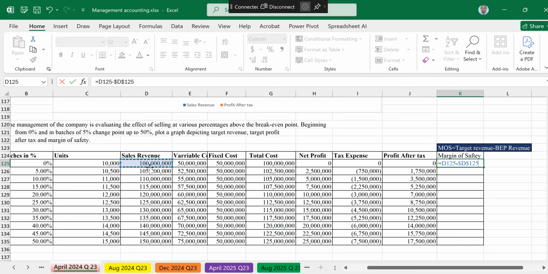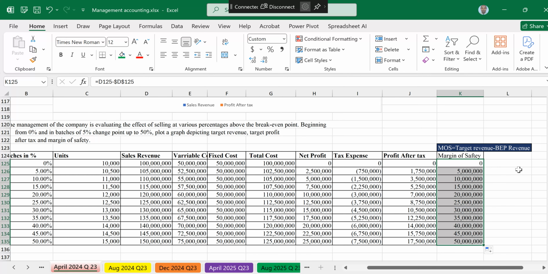So in the second one, they will take 105 minus 100. The third one, 110 minus 100 in that order. So the BEP revenue is constant. The other one will be moving. So you just lock once, then you drag down. You are going to get the margin of safety.